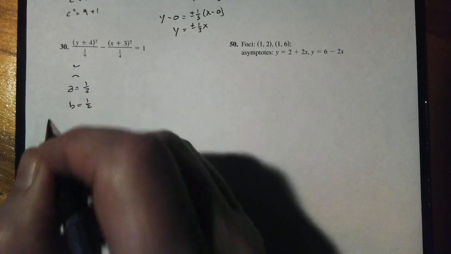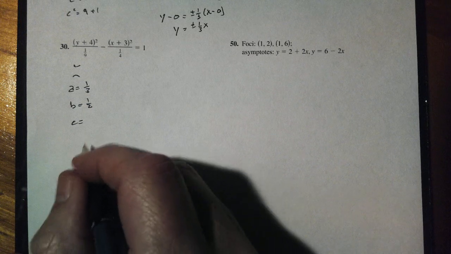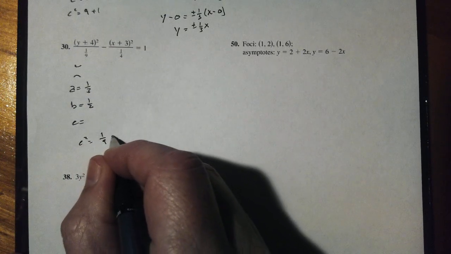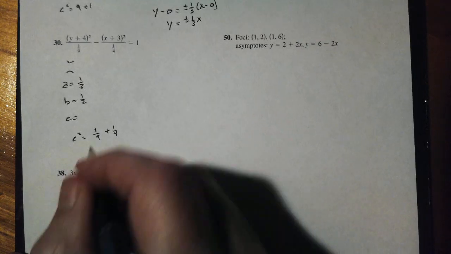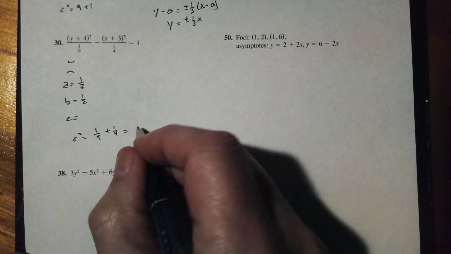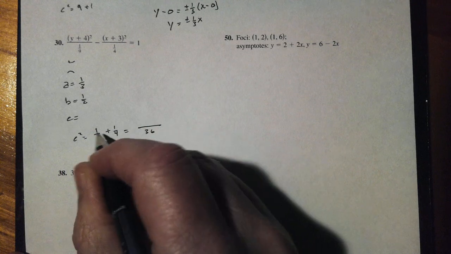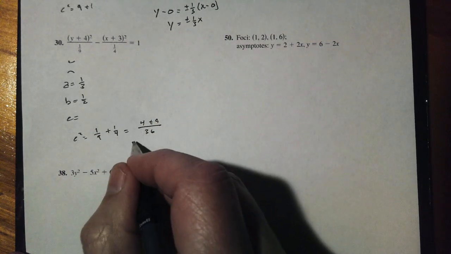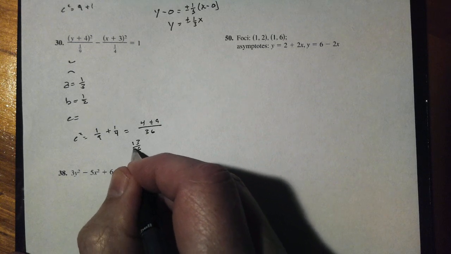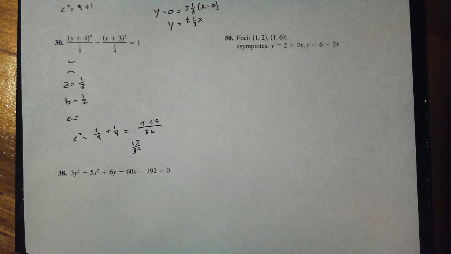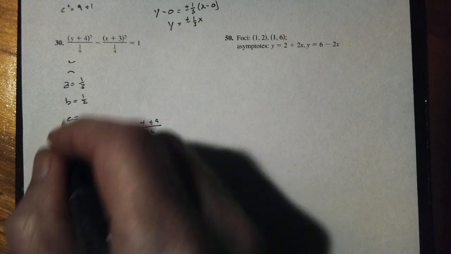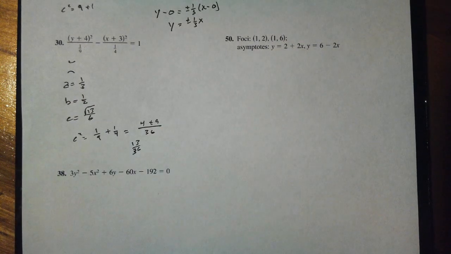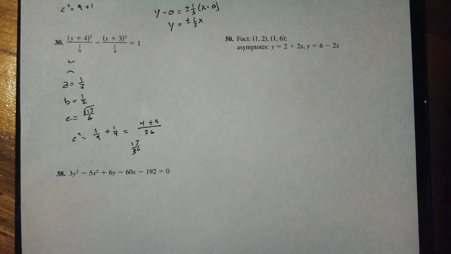B is 1/2. C, we're going to need it, so c squared equals 1/9 plus 1/4. Let's see, that is 4 on 36 plus 9 on 36. C squared is 13 on 36. So C is square root of 13 on 6. Oh, definitely not pretty at all.